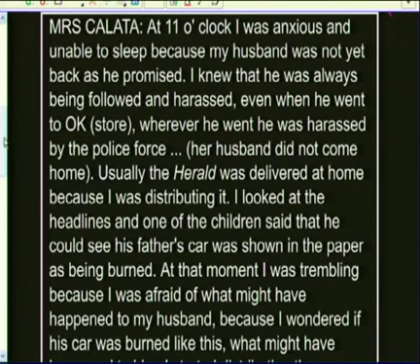Okay, and then it goes on to say that she was delivering the newspapers and all that, and then she looked at the headlines, and one of the children said they could not see his father's car and all that. And what she says here is, I was afraid of what might have happened to my husband.